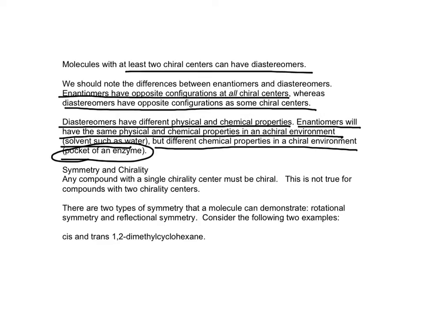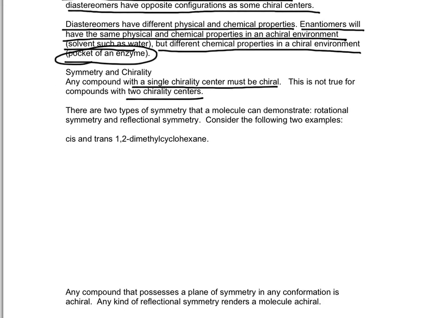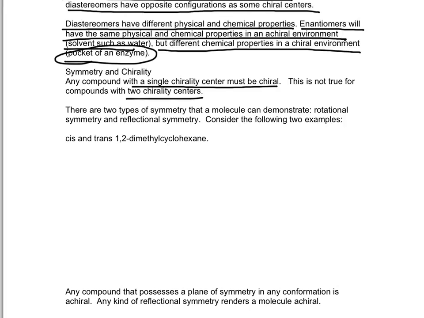Okay. Any compound that has a single chiral center must be chiral. This is not the case when we have 2 chiral centers. So if we take this example here where we have cis and trans dimethylcyclohexane, the first molecule is cis.